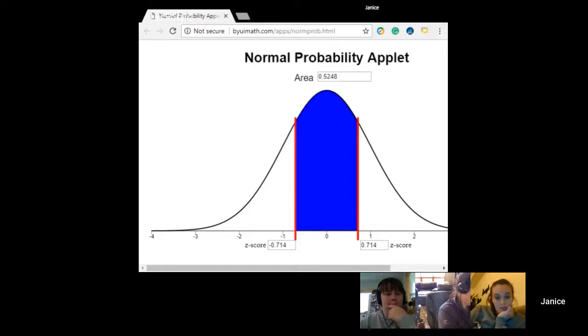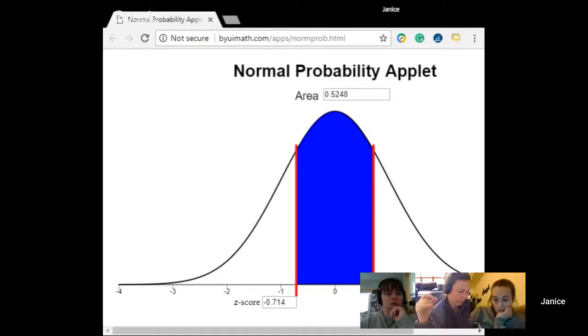Find the 35th percentile for the protein requirement for adults. So this is on the applet too? Yeah. Oh, 30%. I believe so. Percentile.